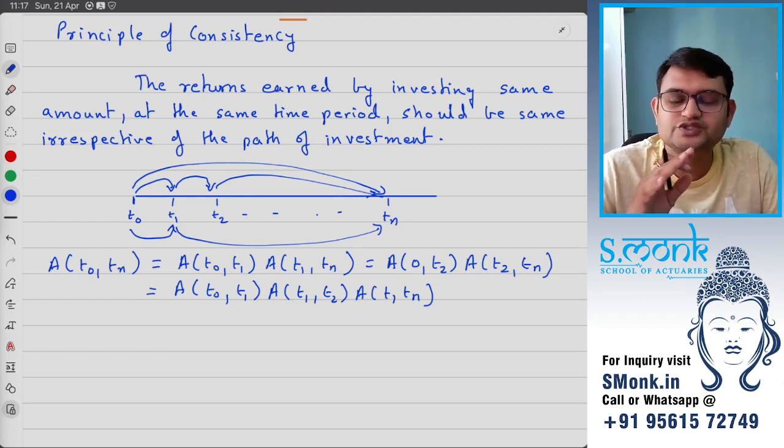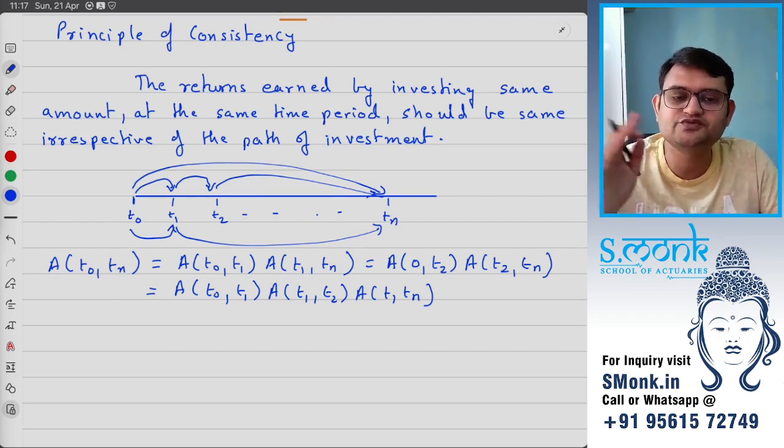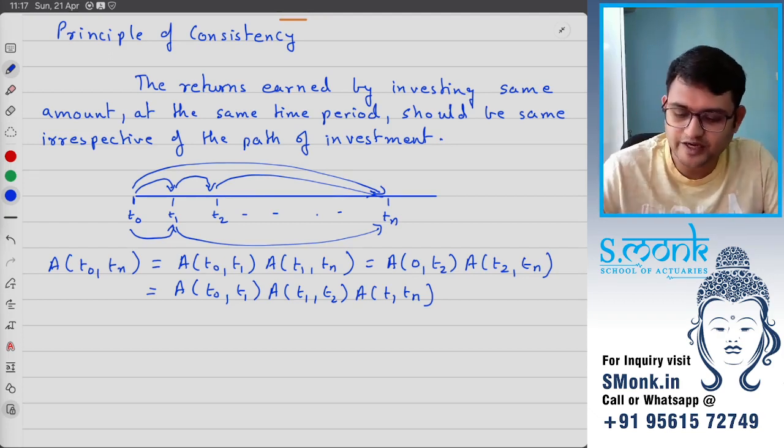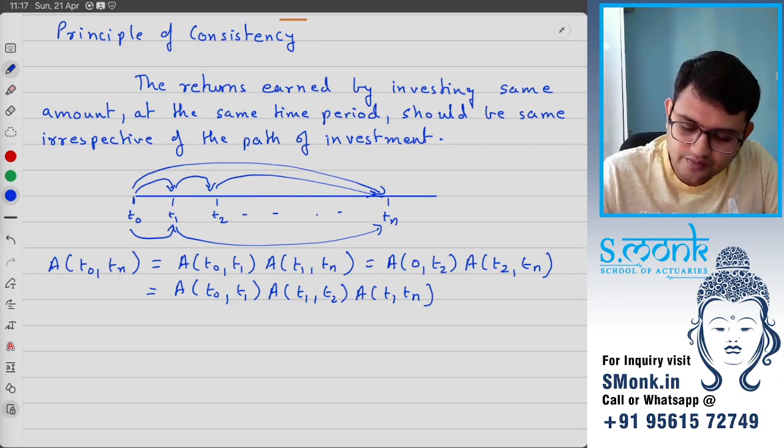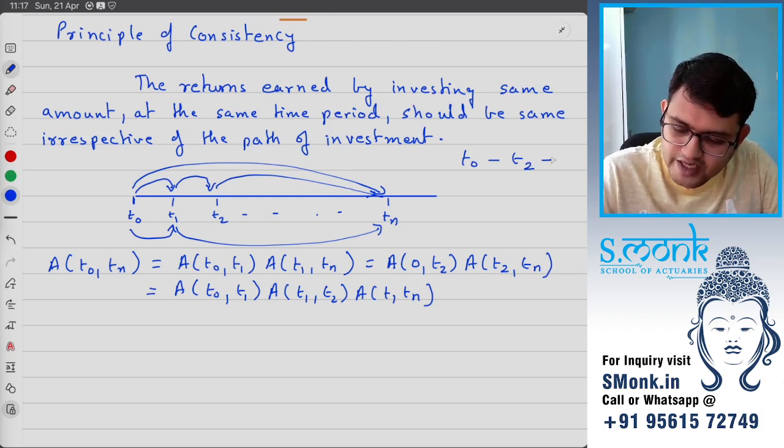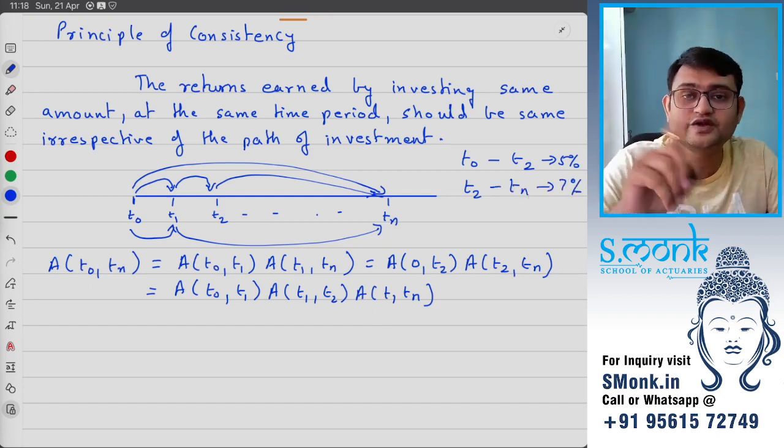Now, why are we assuming that the interest rates will not differ at the same time? That means I am saying from time 0 to time 2, let's say I had 5% interest, and then from time 2 to time n, I have 7%. So I have different rates of interest, but at different times.